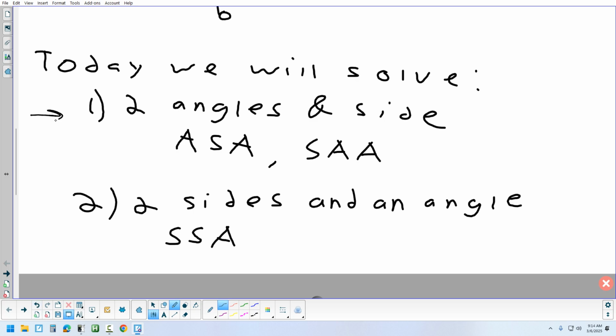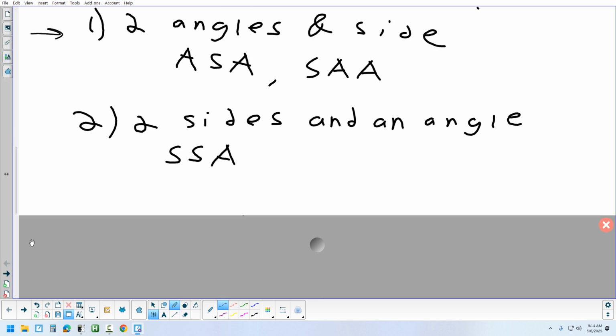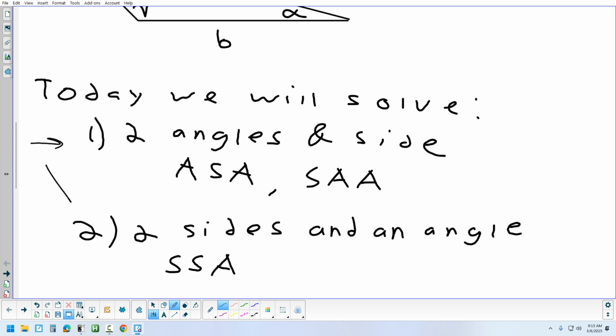The first group is where I give you two angles and a side, but the placement is a little bit different. With angle, side, angle, I would give you two angles, and the side is between the two angles, like that. That's angle, side, angle. Side, angle, angle is the same pieces of information, but they're in different spots.